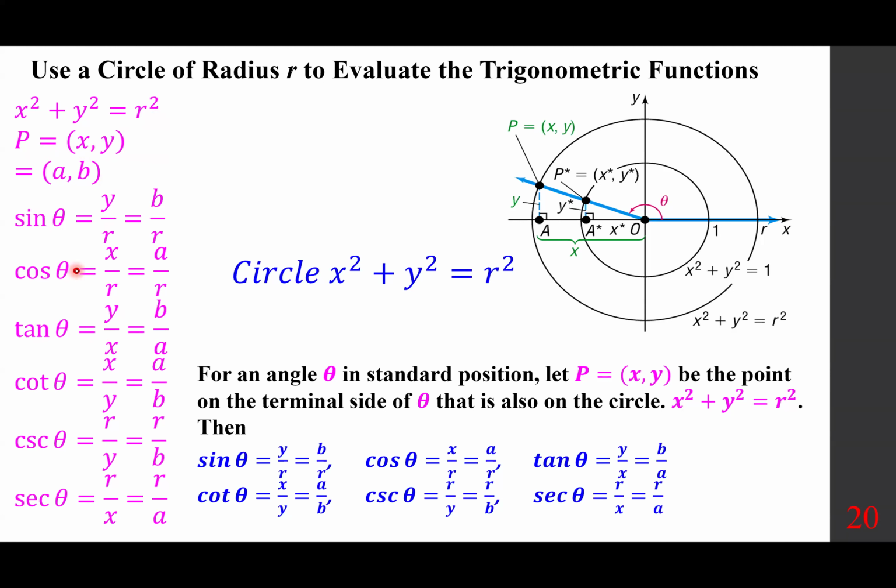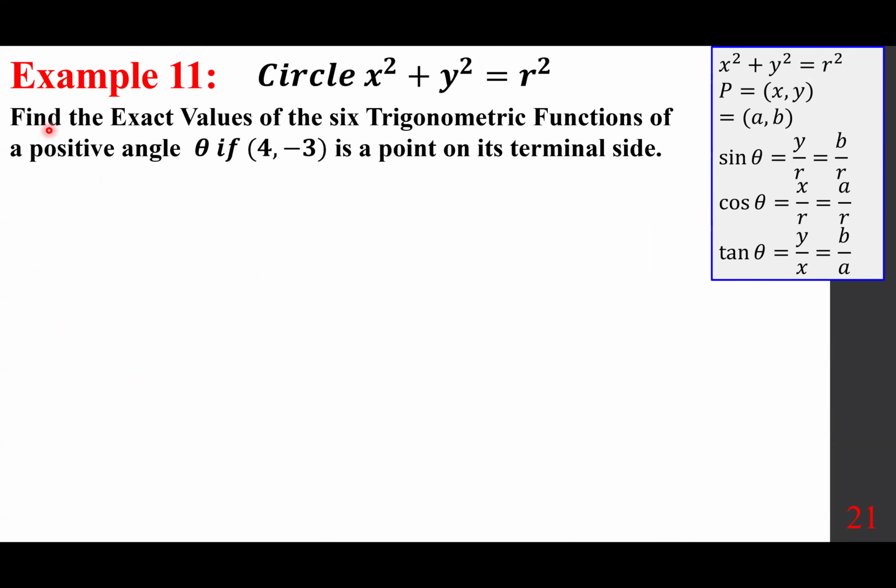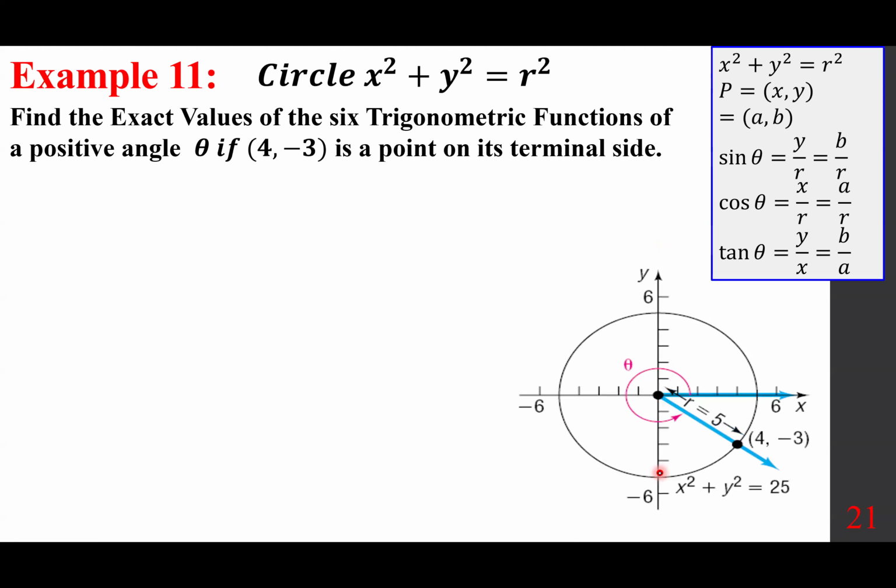It's very straightforward, everybody. So let's look at a very simple example. We want to find the exact value of the 6 trigonometric functions of a positive angle theta if 4 comma minus 3 is a point on its terminal side. So 4, negative 3, that's in the fourth quadrant. 4 comma negative 3, x squared plus y squared is 25.